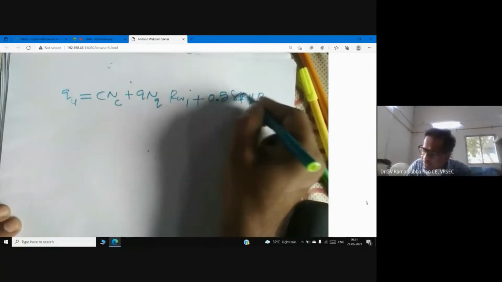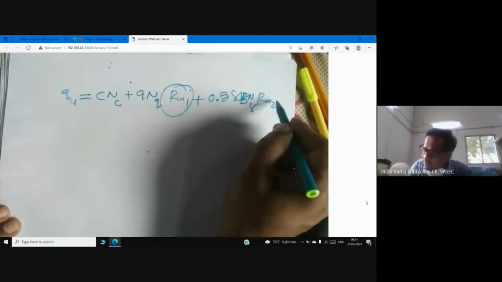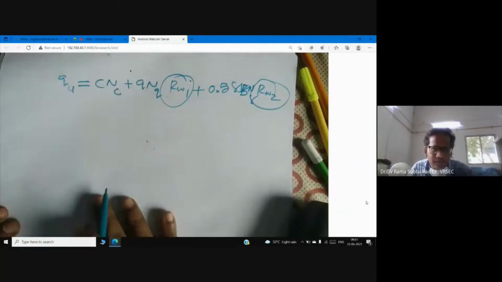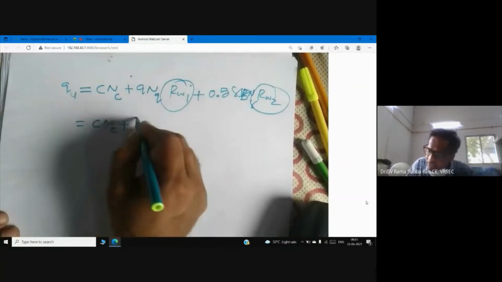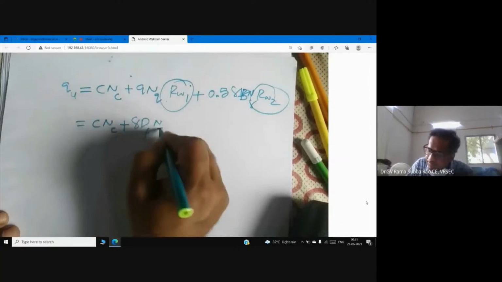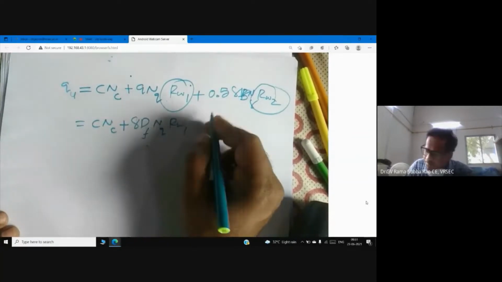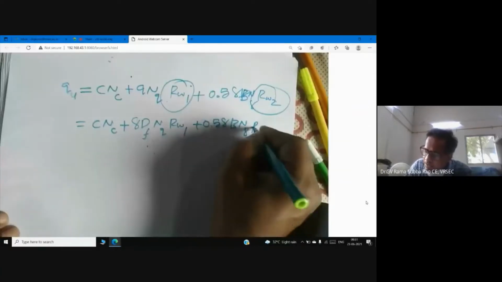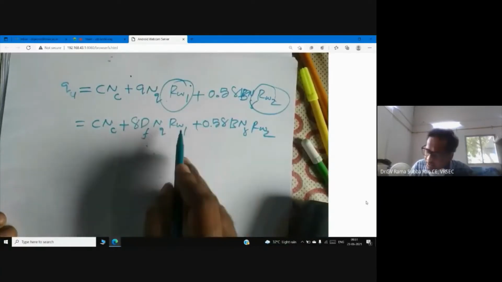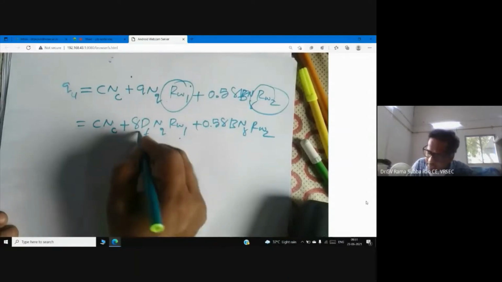You may be surprised to see these reduction factors RW1 and RW2. Let me write it elaborately: cNc + gamma Df Nq RW1 + 0.5 gamma B N gamma RW2.